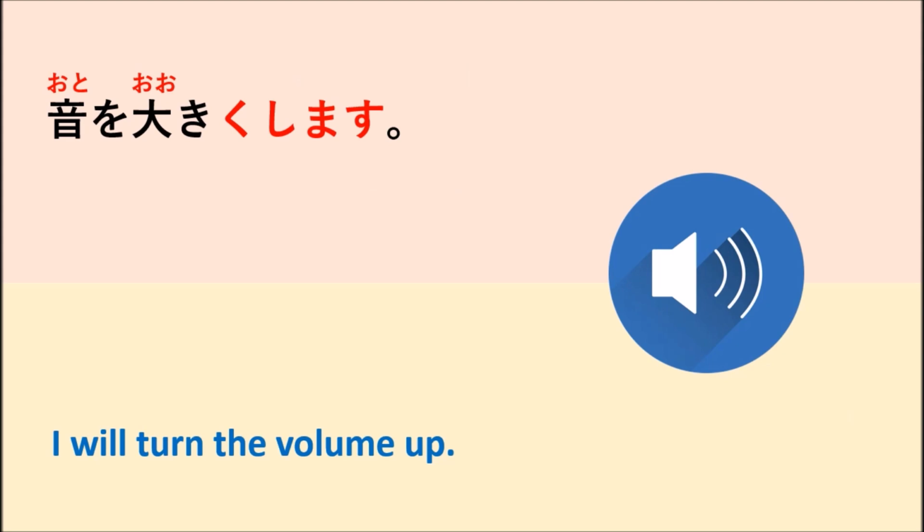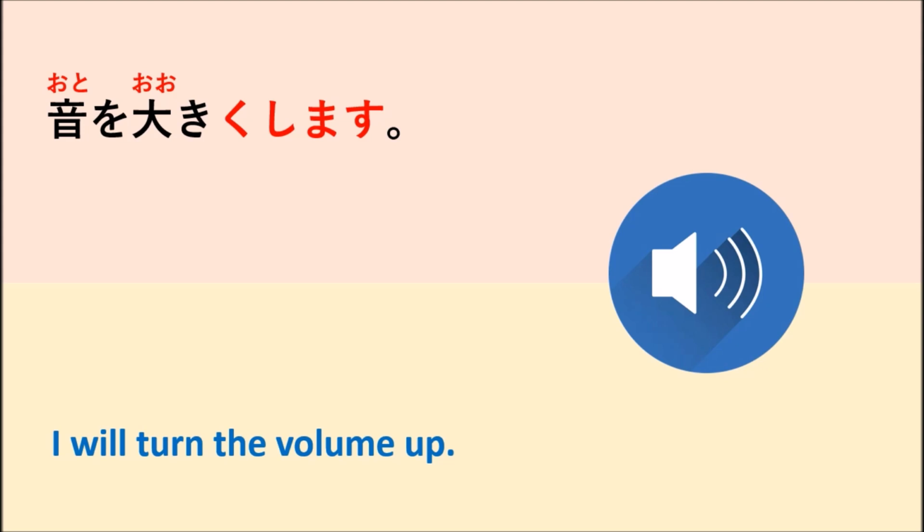In this example, they say, Oto o okiku shimasu, which means I will turn the volume up. Here we have oki, right? Oki is from the adjective, and it means big.